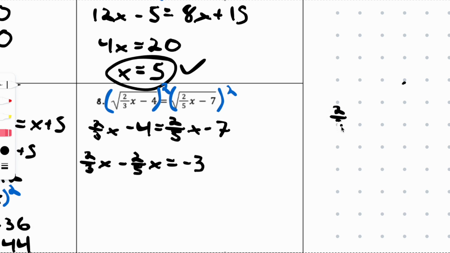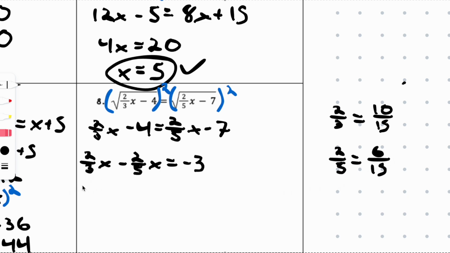Well, 2/3 is going to be equal to 10 over 15. We just need to find common denominators. 15's the least common multiple of 3 and 5. So 2/3 is 10/15, and 2/5 is going to be 6/15.